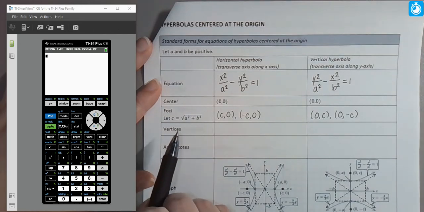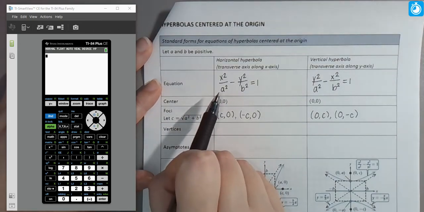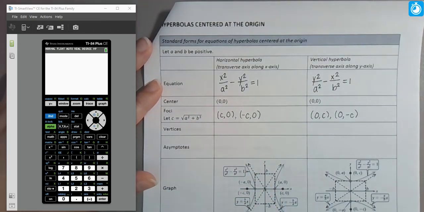Now our vertices are also determined in the same way, in this case using the value for a, but remember a isn't necessarily going to be the larger of the two denominator values. It's just based on which denominator is associated with the positive term, be it x squared in the case of a horizontal hyperbola or y squared in the case of a vertical hyperbola.